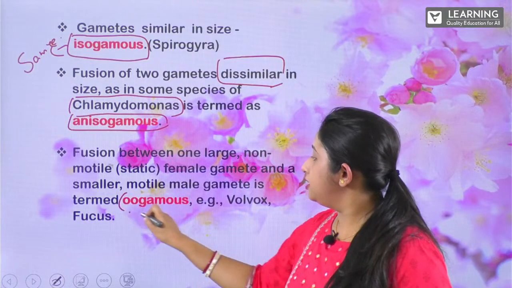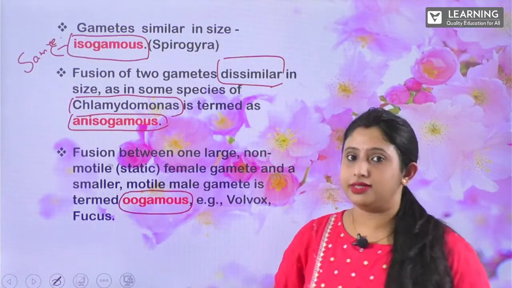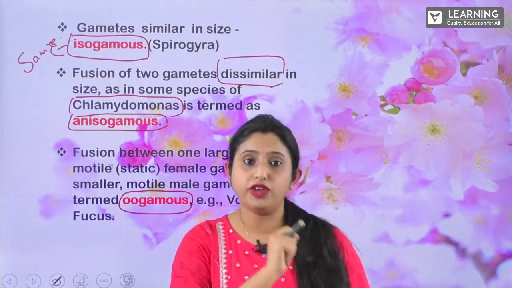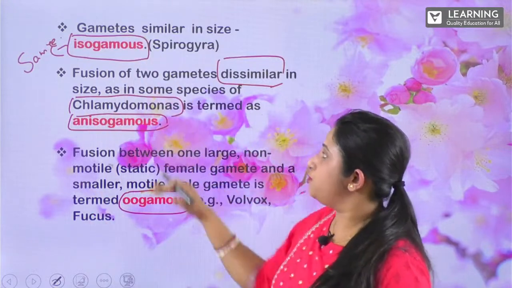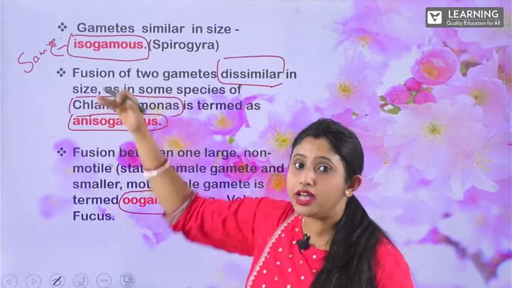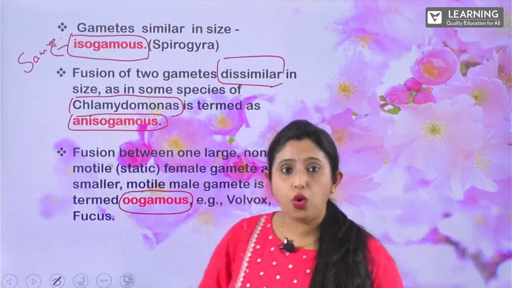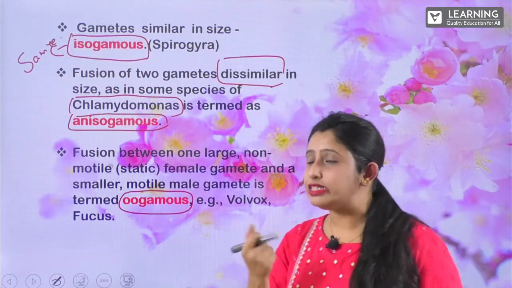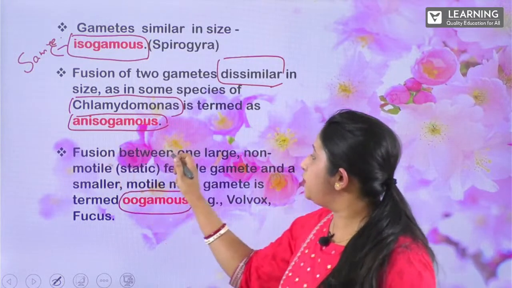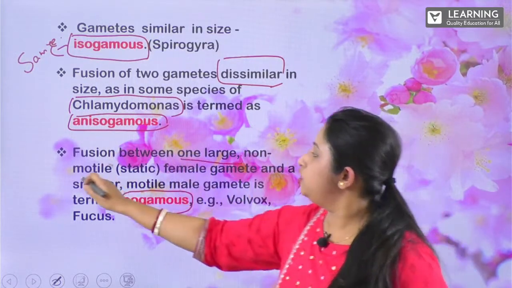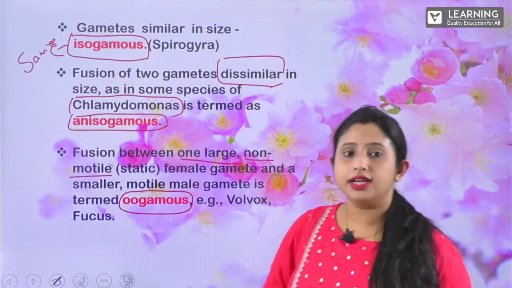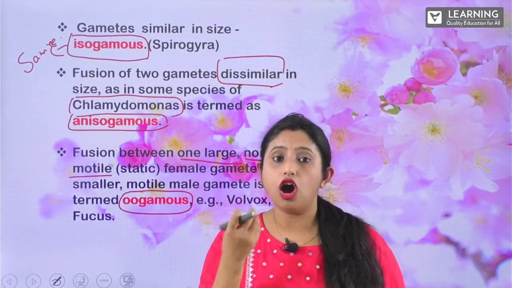Now the next one is oogamous, the third type of gametes. So there are 3 types of gametes: isogamous, anisogamous, and oogamous. What is oogamous? It is the fusion between one large non-motile female gamete and a smaller motile male gamete.